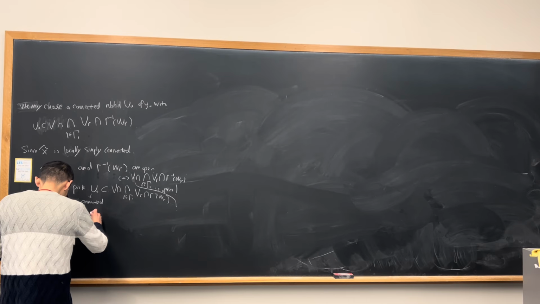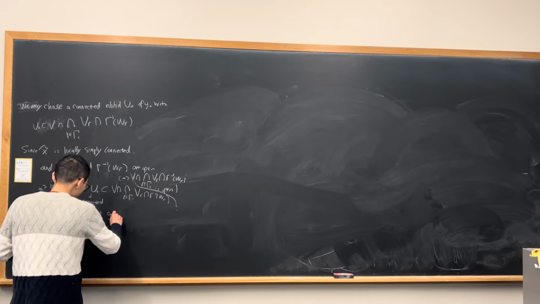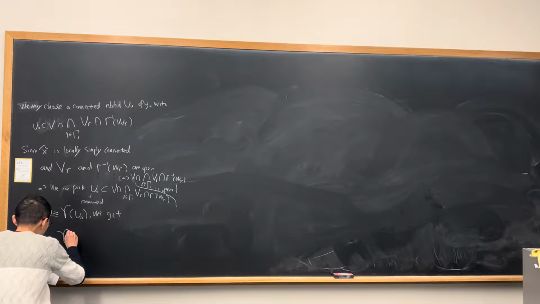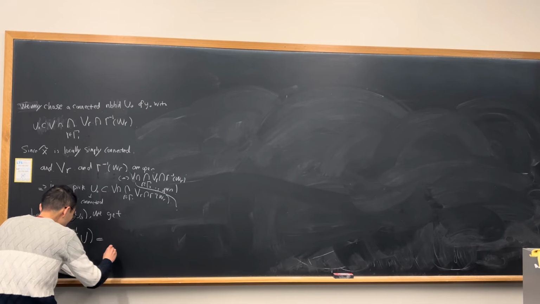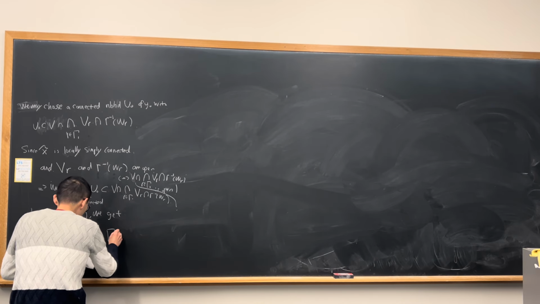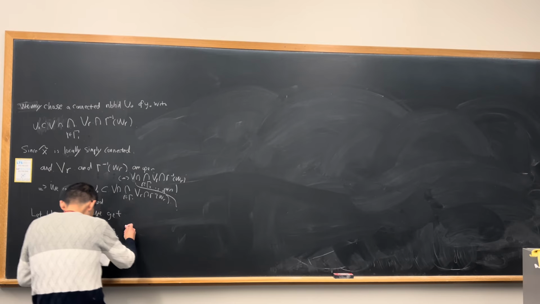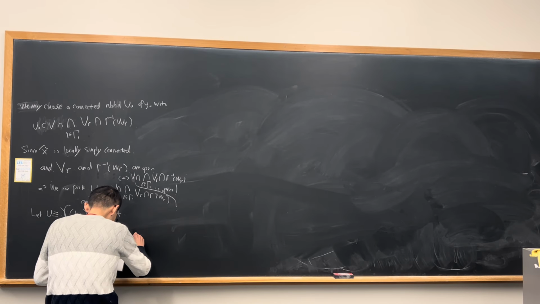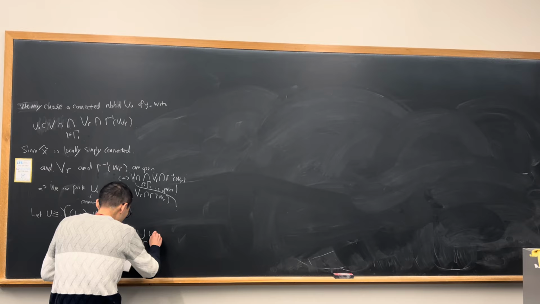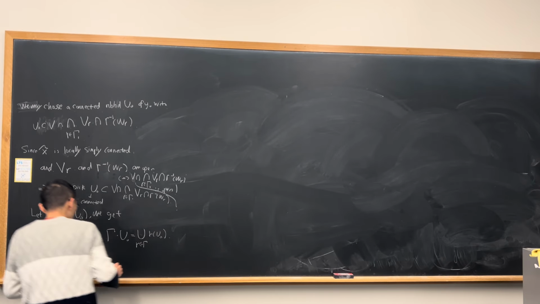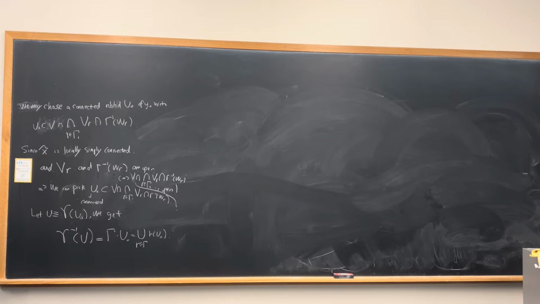Then we get this big gamma inverse of this U is equal to this gamma, the deck transformation group acting on this U naught, which is the same thing as the union of this small r in this gamma of this r of U naught.